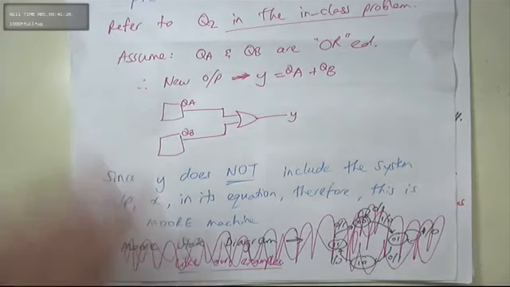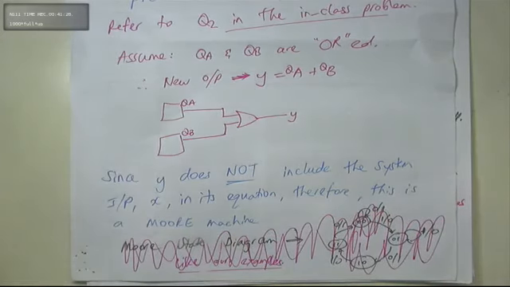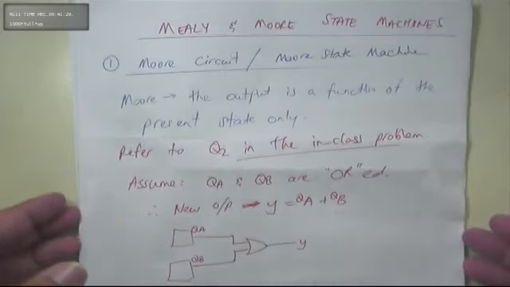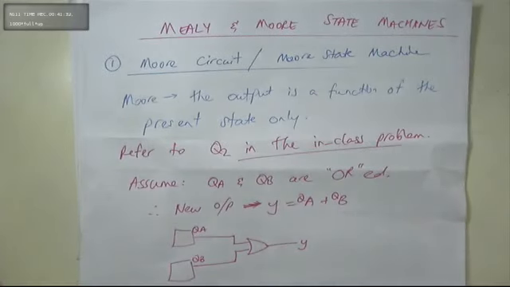Okay, I'm going to draw the Moore state machine. Now, when you come to this topic, what is the summary? If the question was, explain how you would differentiate between a Mealy state machine and a Moore state machine, what is it? The difference is the way in which the system output is derived.